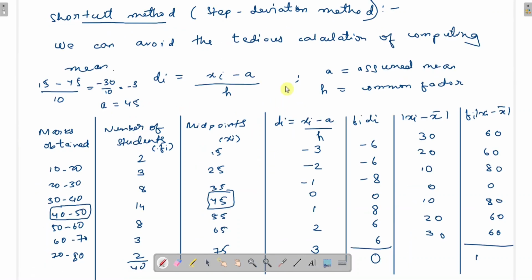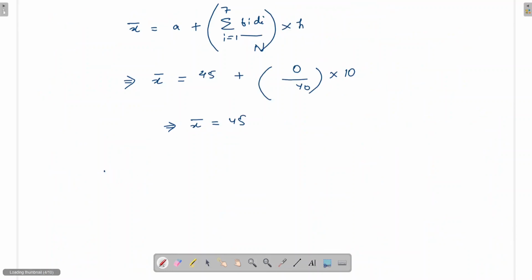Okay. So now we can calculate the mean deviation. So mean deviation about the mean is equal to summation i going from 1 to 7 Fi modulus of xi minus x bar divided by n.